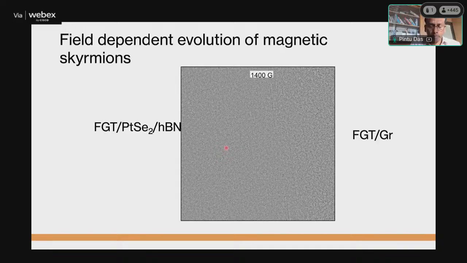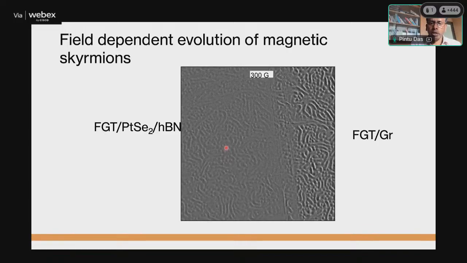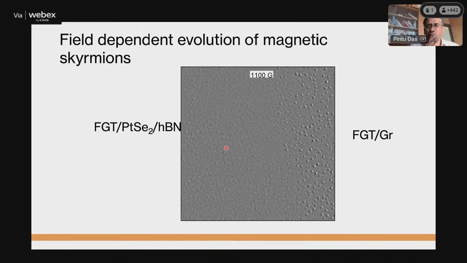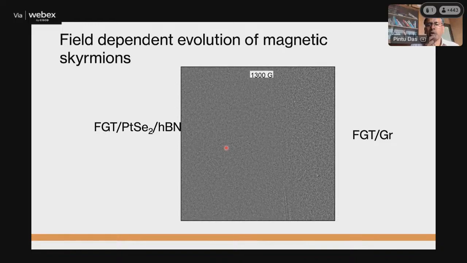Now I'm playing the video again, and you see that at 100 Kelvin, as a function of field, how the graphene evolves, right? Now it goes to saturation.